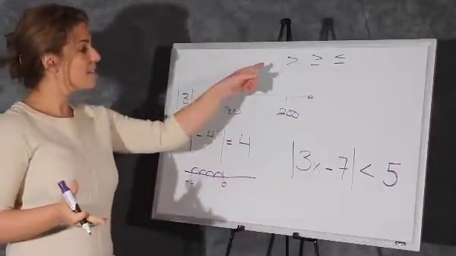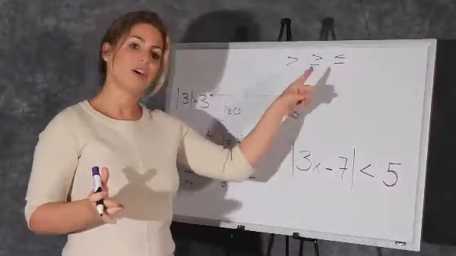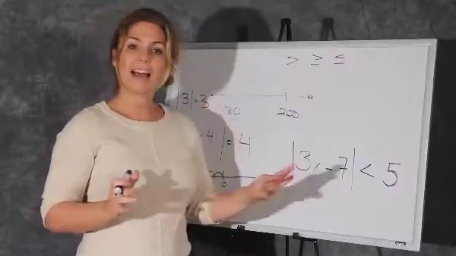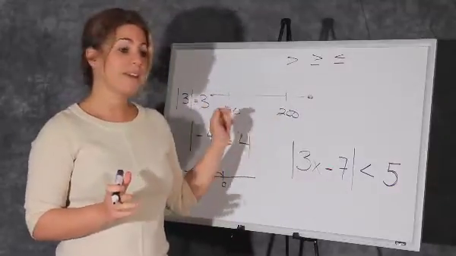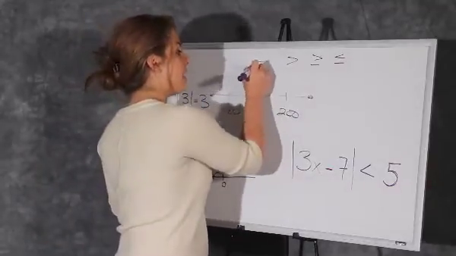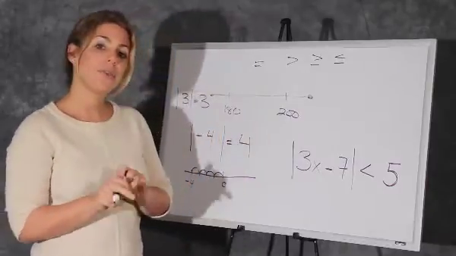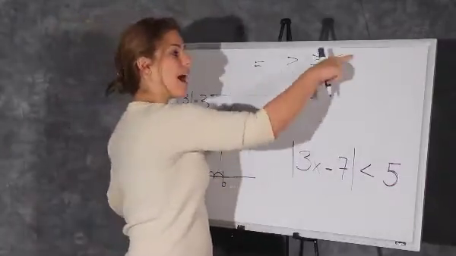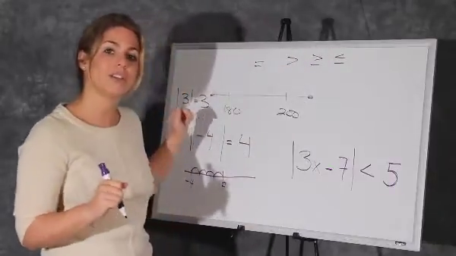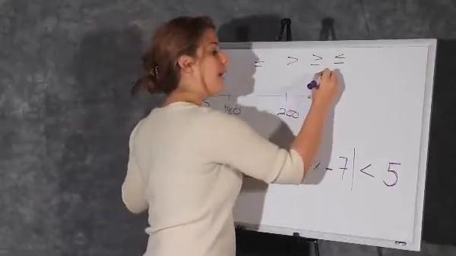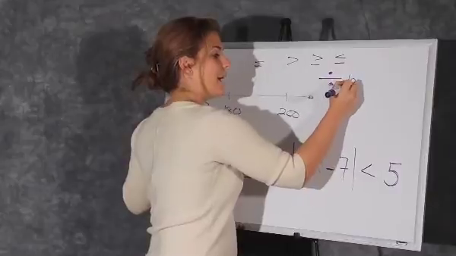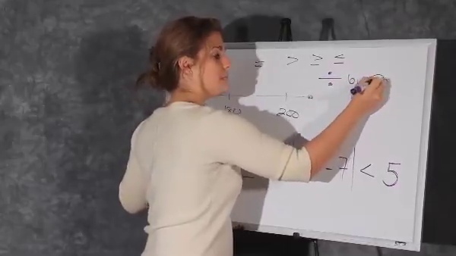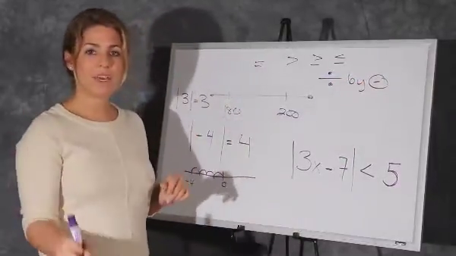When you have these types of equations, you want to solve them exactly as if you were solving an equation with an equal sign. However, the main thing you want to remember is that if you have an inequality equation, when you are dividing by a negative number, you must flip the sign.